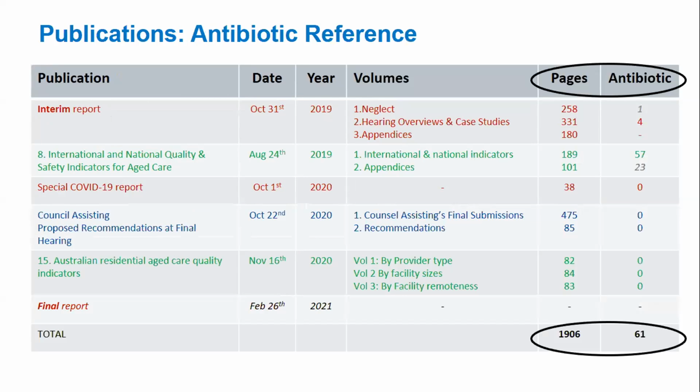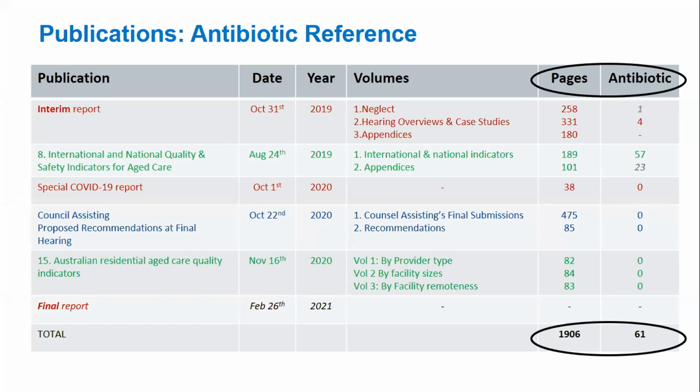Now, in preparation for this presentation, whilst reading all of these publications, that's 1,906 pages, can I just tell you, I counted the number of times antibiotic was noted. It was my assumption that if the word antibiotic was repeatedly and significantly noted, then inappropriate antibiotic use was identified as a major issue and that an AMS program would be strongly recommended.